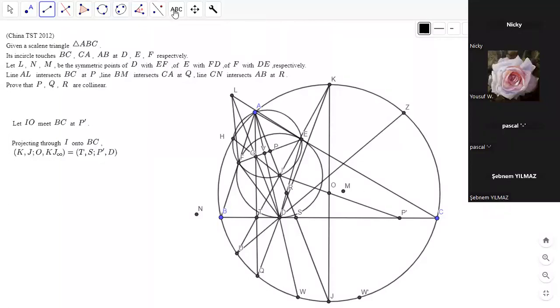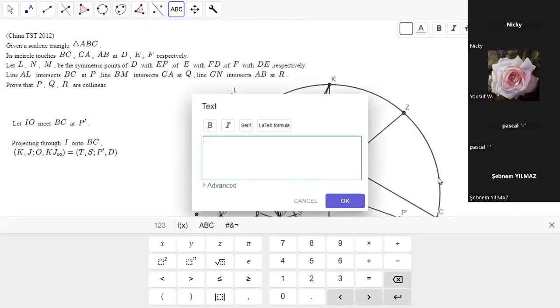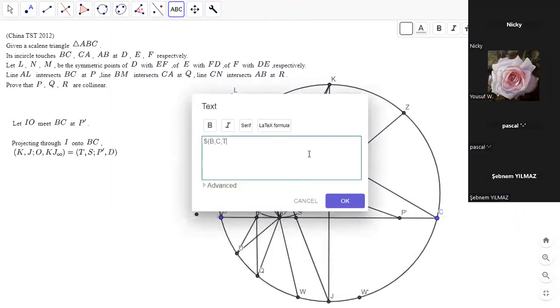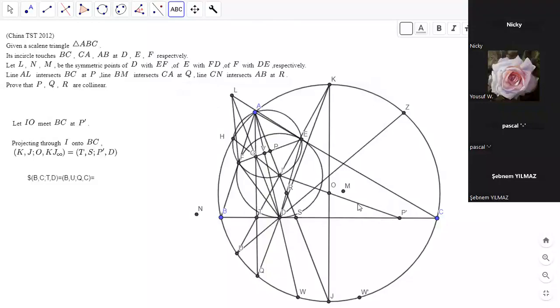Okay, so BT DC, I don't know exactly how, but is equal to BUQ and then we project through D, so that's CZKB.